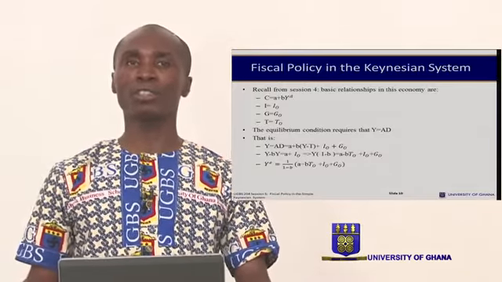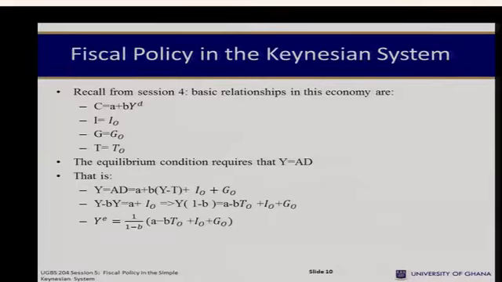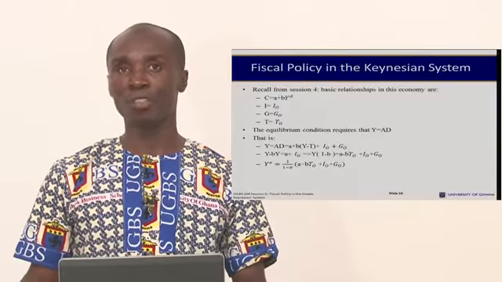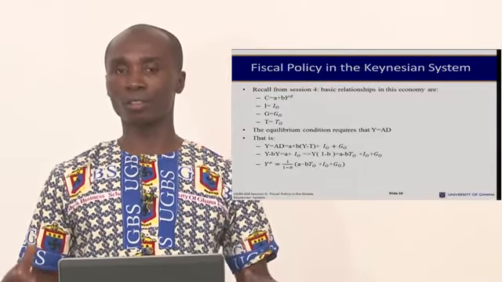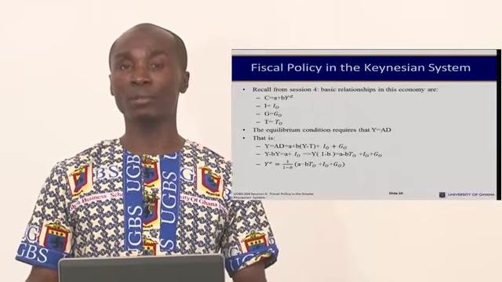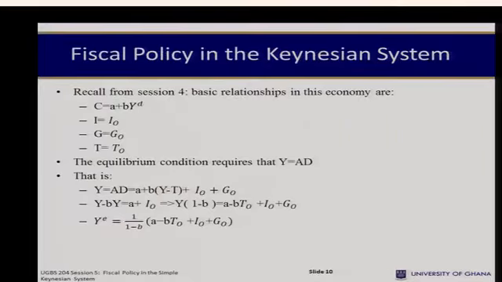So our goal is to try and understand how fiscal policy works in the simple Keynesian system. In session 4, we looked at how the equilibrium is determined in the simple Keynesian system. We said that in equilibrium in the simple Keynesian system, output is determined by aggregate demand.